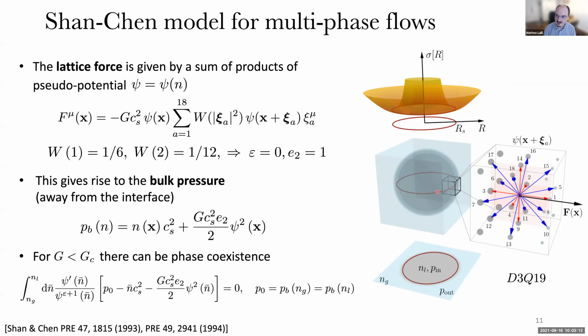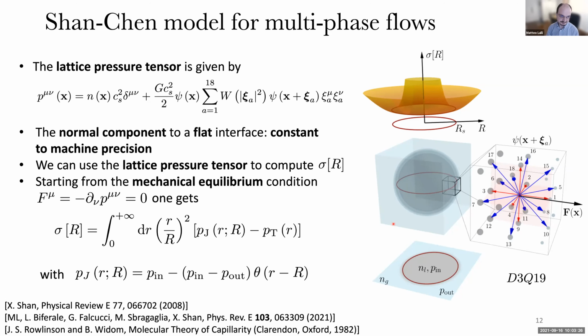Now, the next step is how to determine the surface of tension, the generalized surface tension, so that we can determine the position of the surface of tension at its minimum, and then move on in the evaluation of the Tolman length. To do that, we need the lattice pressure tensor that was developed in 2008 by Shan.